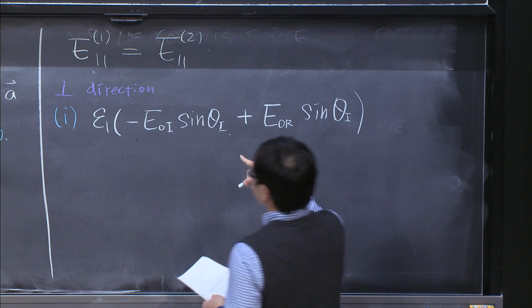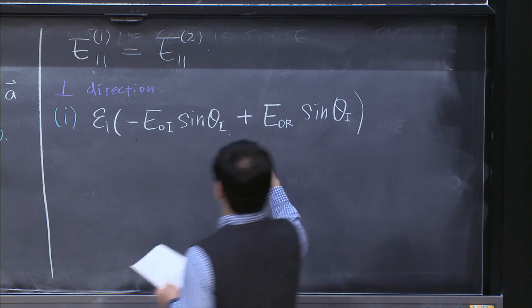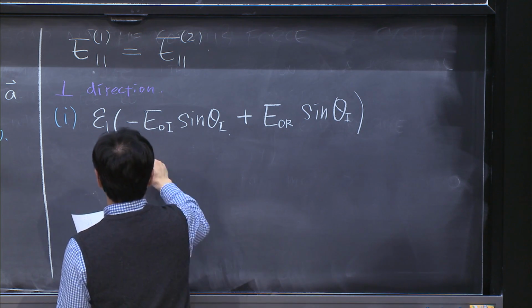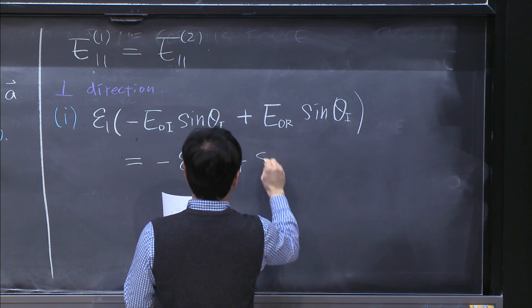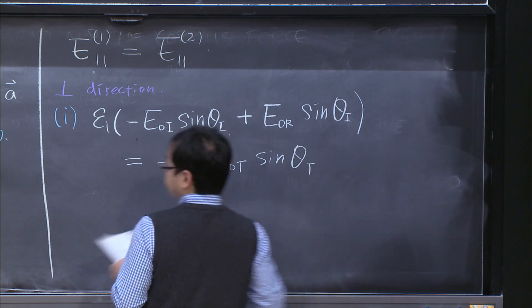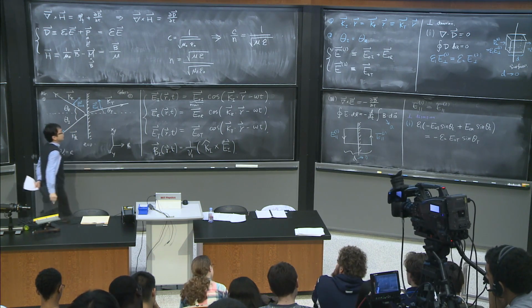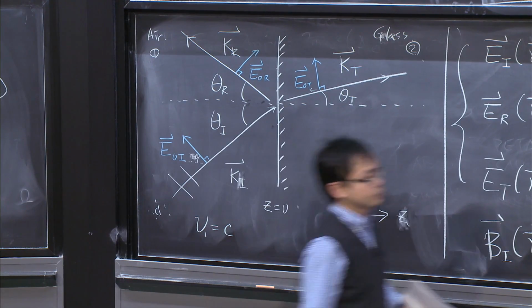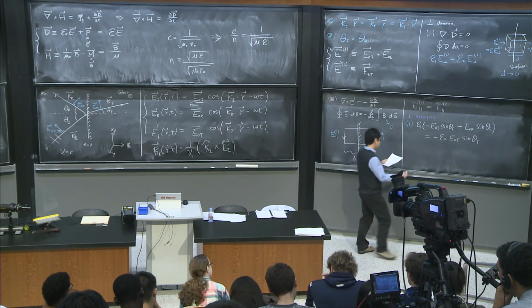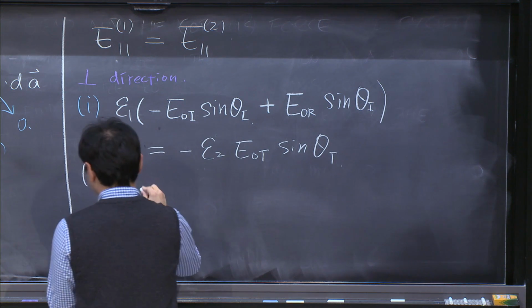Okay, and based on the first boundary condition, I have a left-hand side like this, and the right-hand side I will have minus epsilon 2 E0t sine theta t. Right? Again, I'm looking at the projection of this E0t vector in the direction perpendicular to the surface.